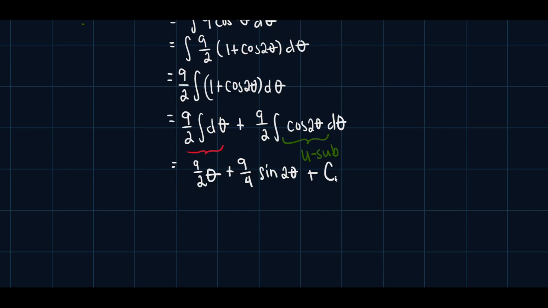Okay? Recall na yung substitution na ginamit natin earlier was x equals 3 sine theta. So, by manipulation of this equation, we have x over 3 equal to sine theta. Okay? So, what now?